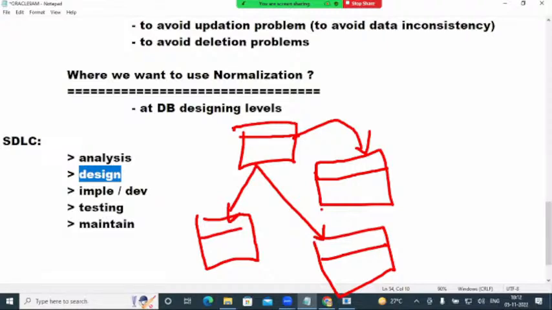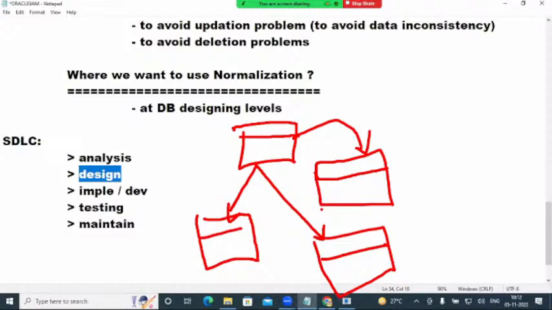Is the first normalization technique satisfied by these tables or not? Second normalization technique satisfied. Third normalization technique satisfied. BCNF, Boyce-Codd normal form technique satisfied. Fourth normal form satisfied. Fifth normal form satisfied.